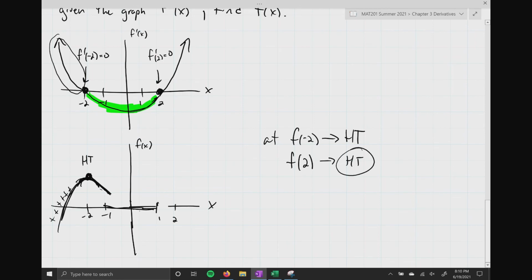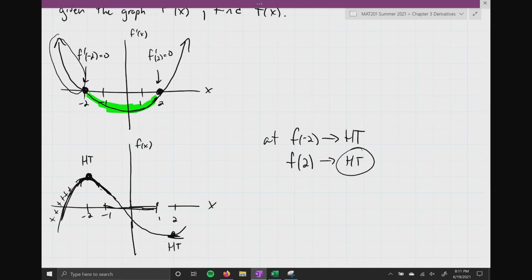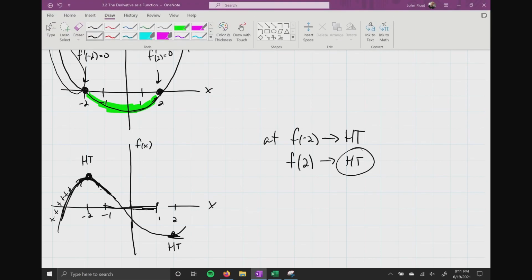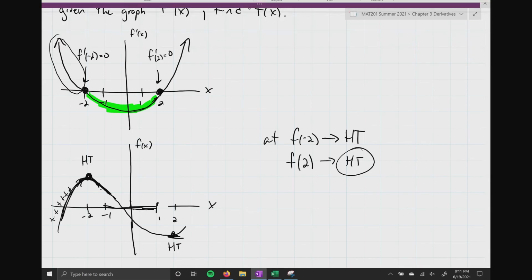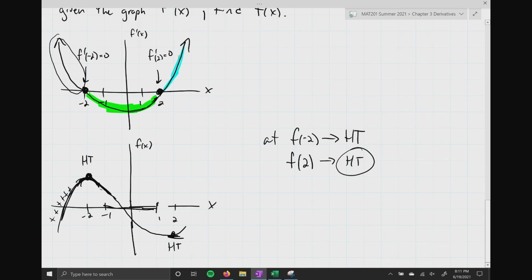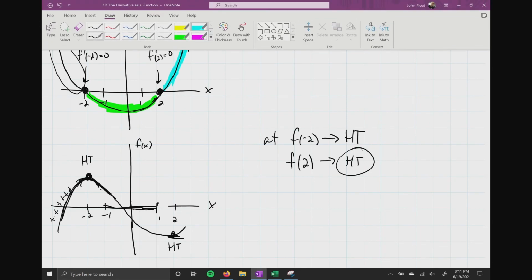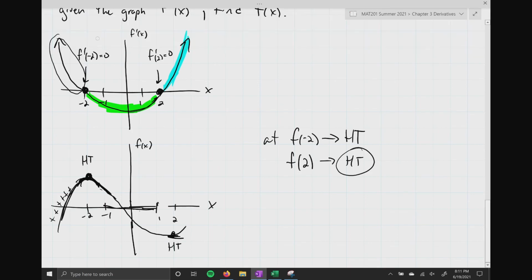So since they're all negative, we're going to have it negative, but then we're just going to come right back up. So right here, there's that horizontal tangent again. And from 2 to infinity on my derivative graph, after my horizontal tangent, I'm positive, which means this is going to level off and then come all the way back up as such.